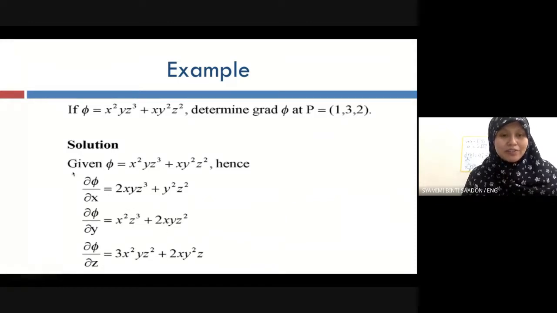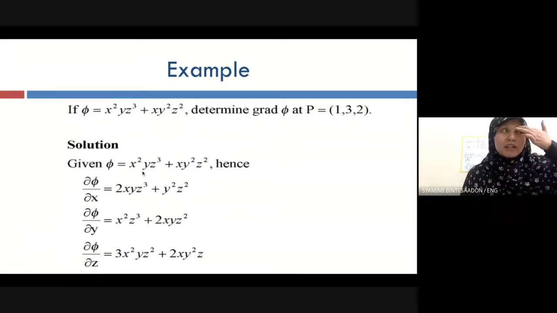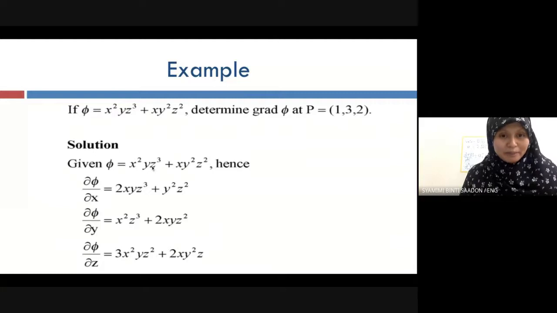We first differentiate the function phi in terms of x only. When we say only in terms of x, we imagine that y and z are constants, so we write y and z back exactly as the initial.